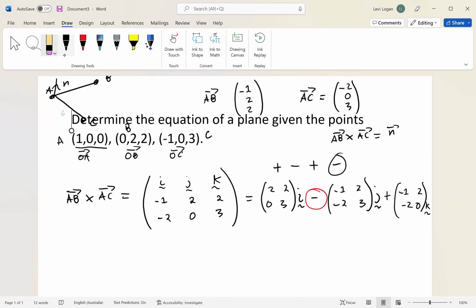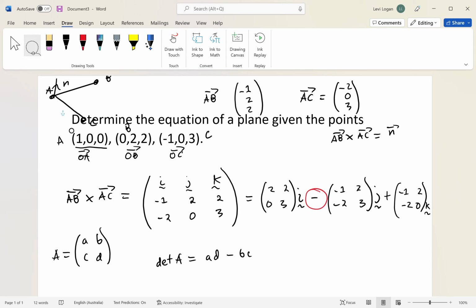So you've got to always have plus, minus, plus. Right. So recall when you have a matrix A, B, C, D, and let's say this is matrix A, the determinant of A is equal to AD minus BC. So that's just a little side topic, this stuff here. So I'm just going to delete that now. So that's how we define the determinant of a matrix.